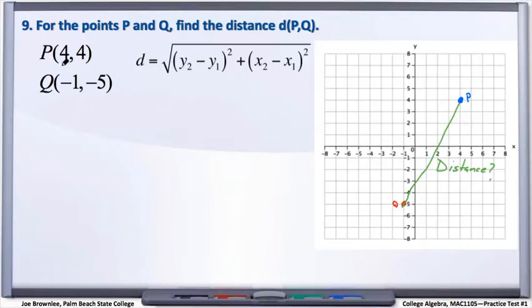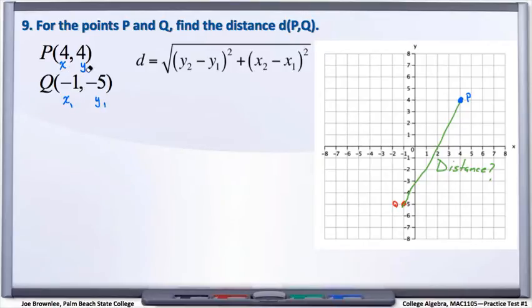the formula. So let's go ahead and we can let point P be our first point, meaning we'll go ahead and label this x1, y1. And if that's x1, y1, then this will be x2 and y2. All right, these are arbitrary, meaning we could have started with point Q and said that point Q was x1 and y1.